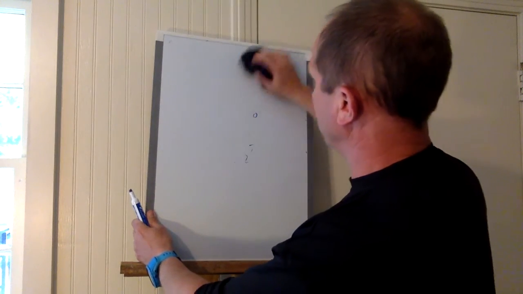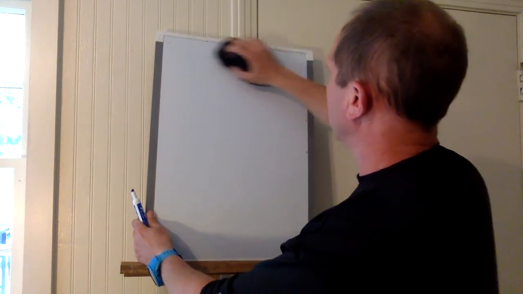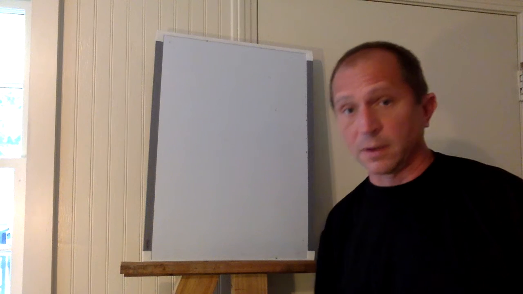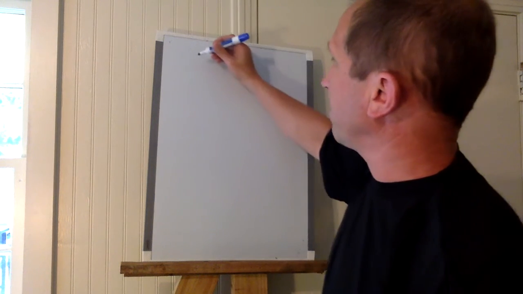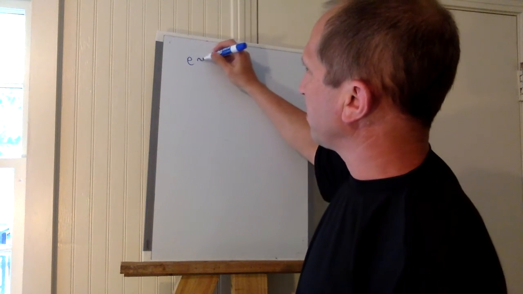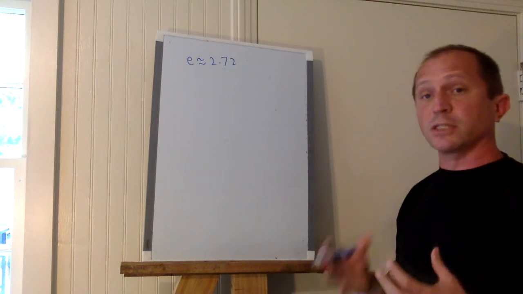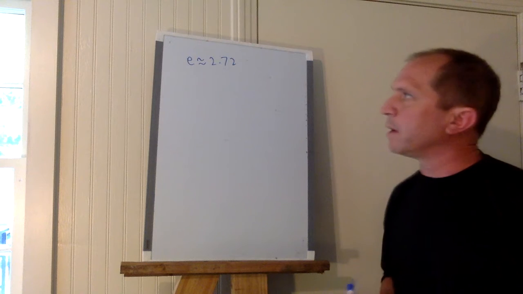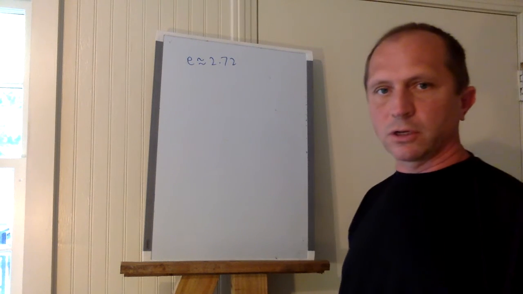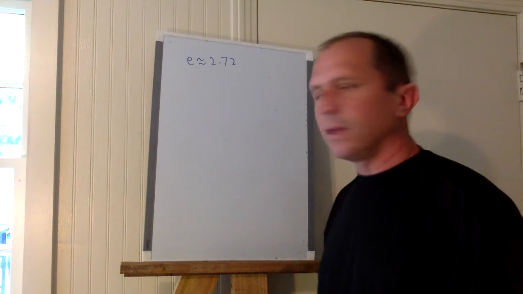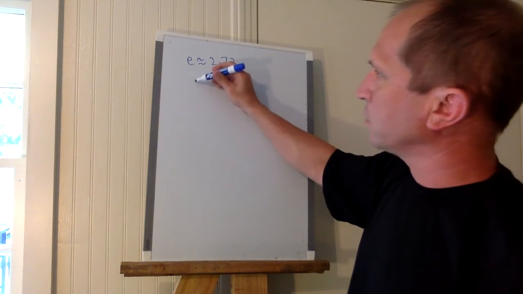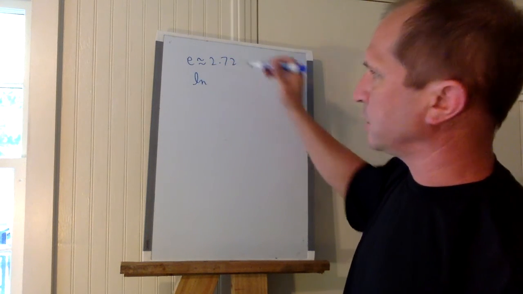That's what the common logarithm is. There's another logarithm called the natural logarithm, and it's written with this number e. e is approximately equal to 2.72. It's just like pi, it's irrational. This is what's known as the natural log, or the log of the natural base.